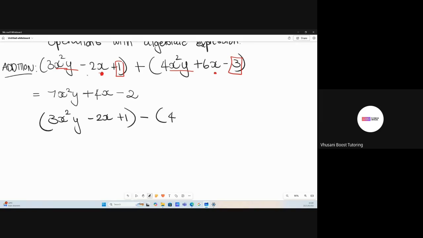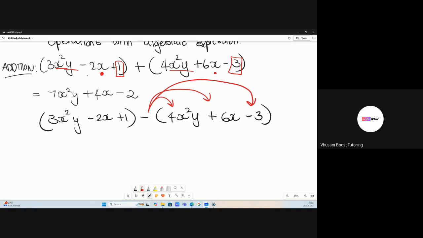For subtraction, one thing I don't want you to do is forget to multiply that negative inside. You need to multiply it into each term. So this is what we have: 3x squared y minus 2x plus 1, minus 4x squared y minus 6x plus 3.